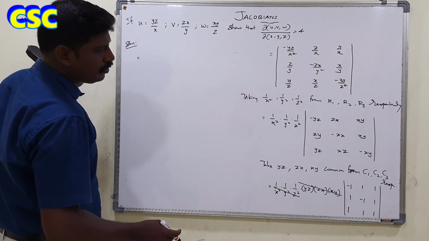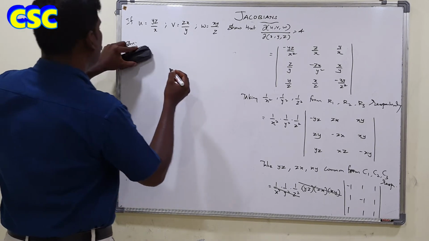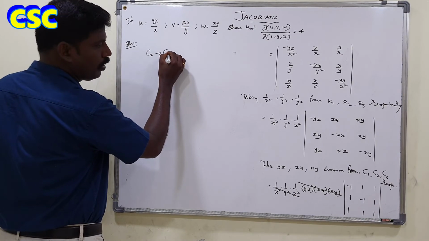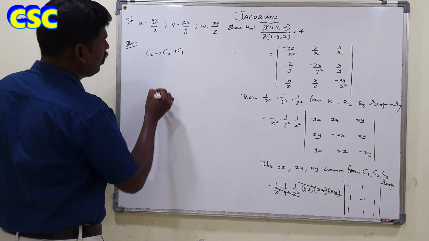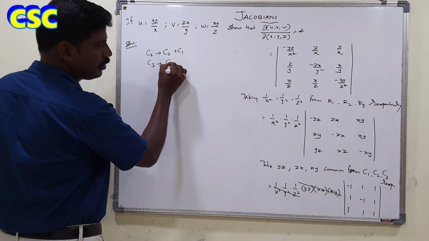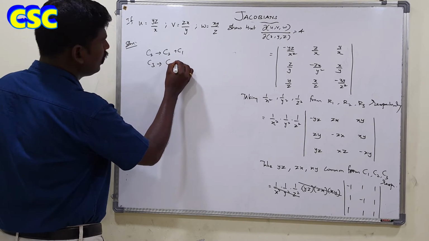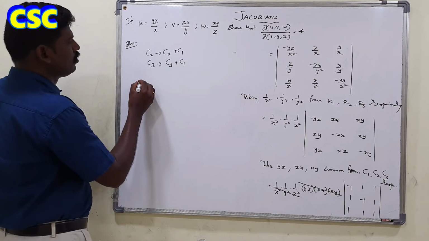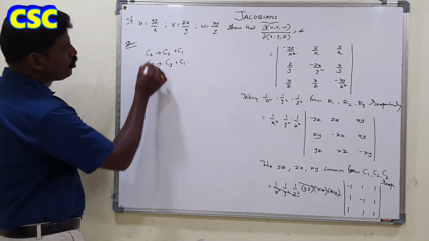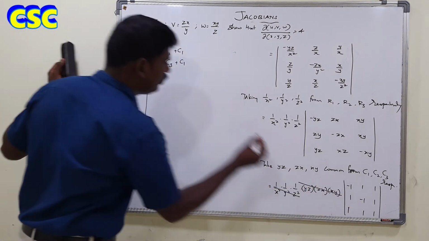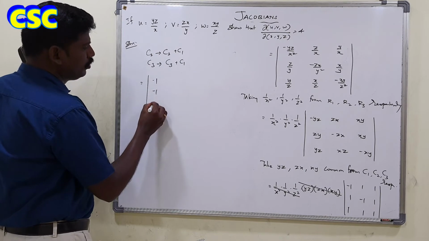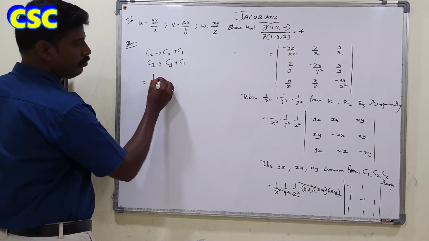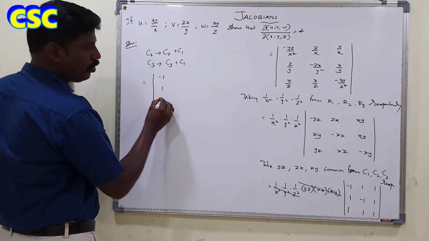We go for it. Or otherwise, taking a simple transformation, C2 implies C2 plus C1, and then C3 implies C3 plus C1, right? So what you will get? So no change in C1, so I write C1 the same as usual: minus 1, 1, 1.